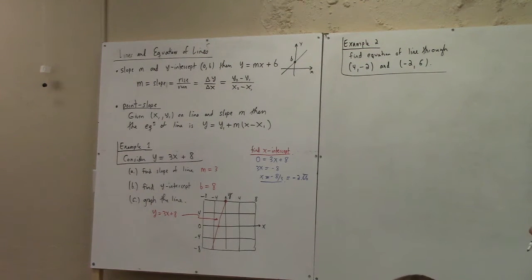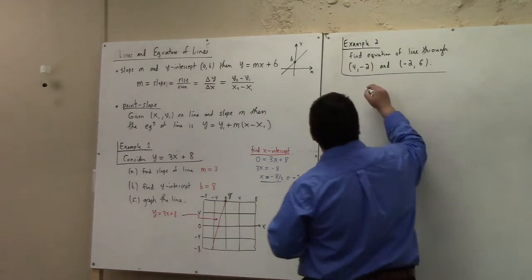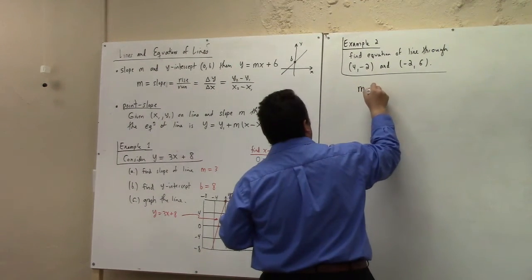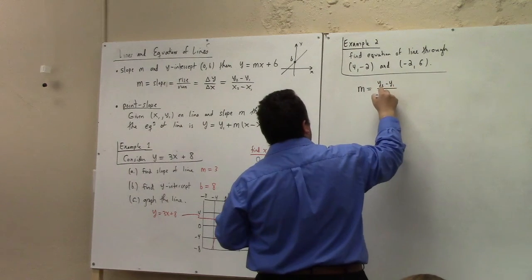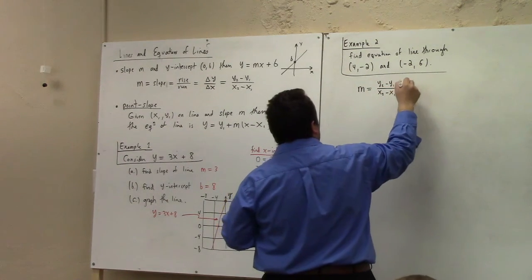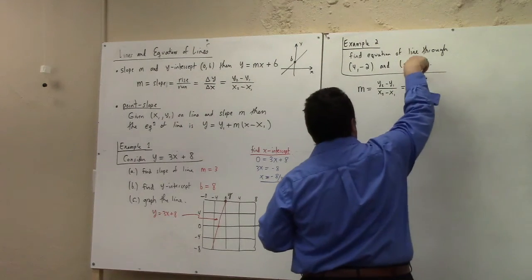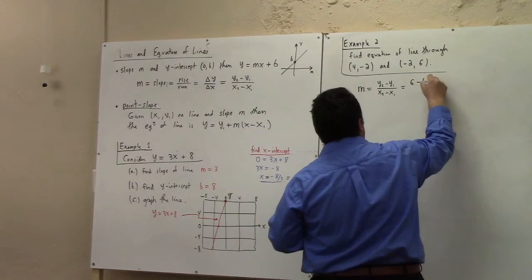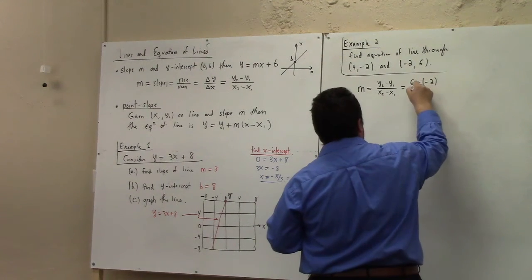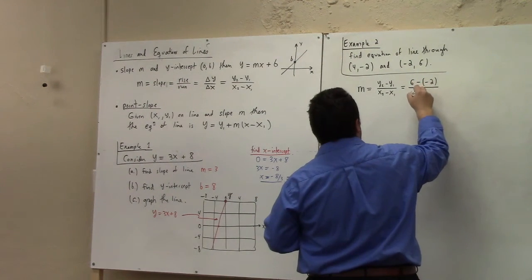Find the slope? Yeah, I think that's a good place to start. So m, so we're supposed to say y2 minus y1 over x2 minus x1. So I'm thinking of that as being the second point. So y2 I'm going to say is 6, and y1 is minus 2. So I got 6 minus a minus 2. X2 is minus 2, minus 4.